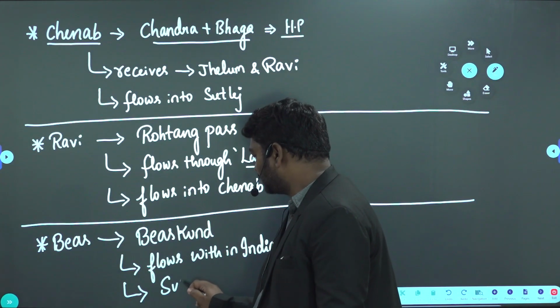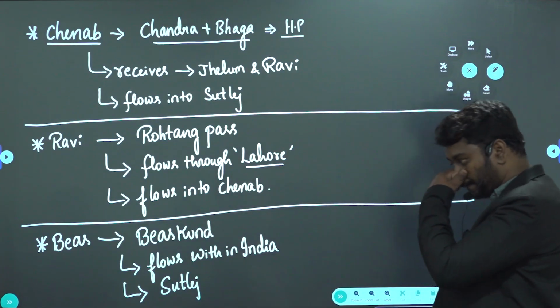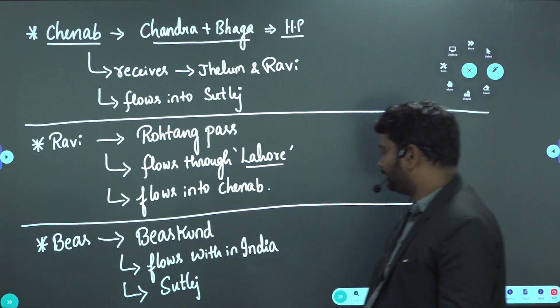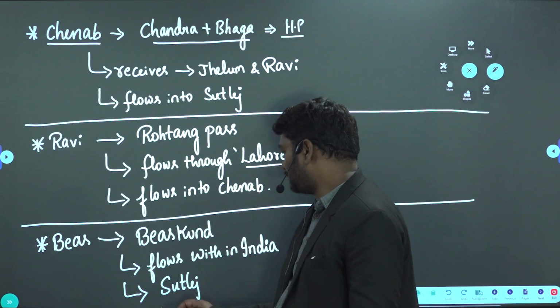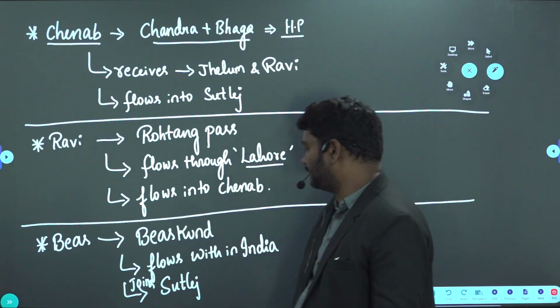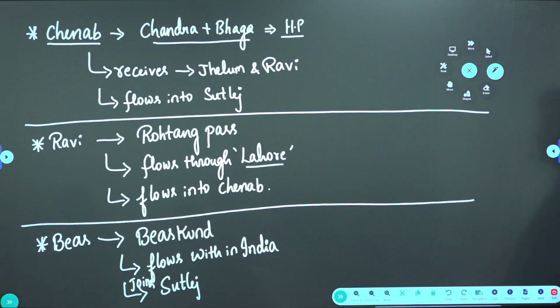It joins Satluj. This is smallest among all these, not the Indus River, because in Indus the smallest are Shyok, Zaskar and all. Okay, smallest among these five.